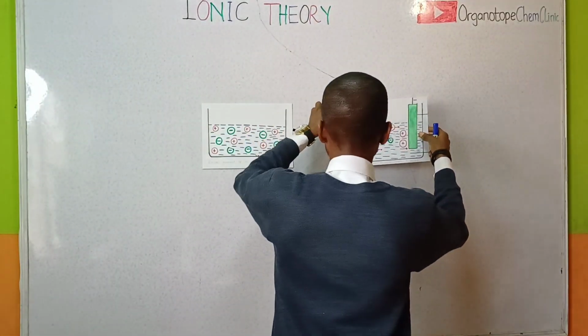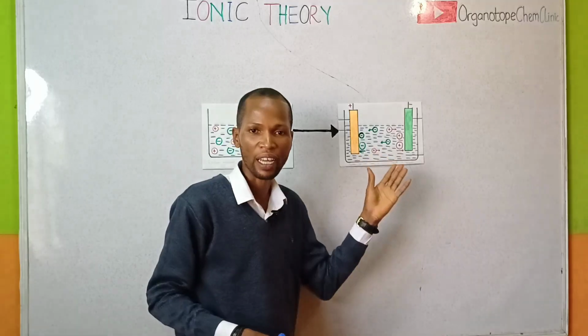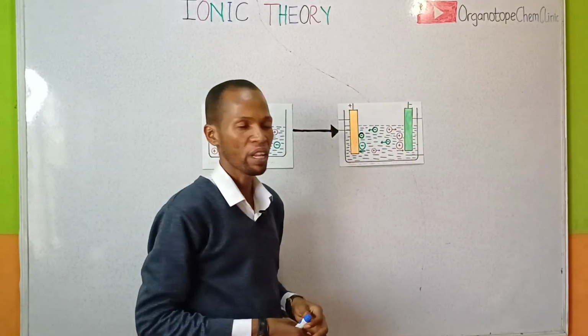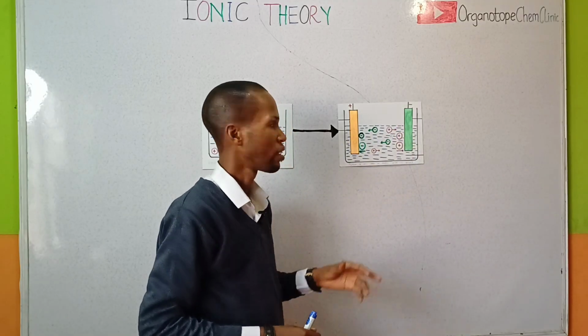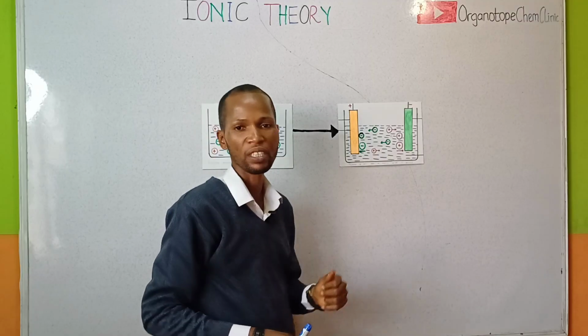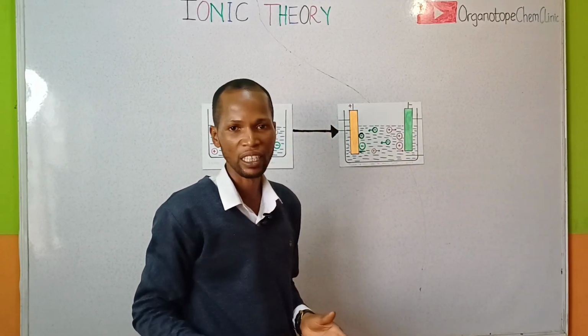Moving on, can we observe this chart closely? It can be observed from this chart right here that the compartment contains two plates. We have a plate right here and the other plate right here. The plate on the left hand side is positively charged, while the plate on the right is a negatively charged plate.